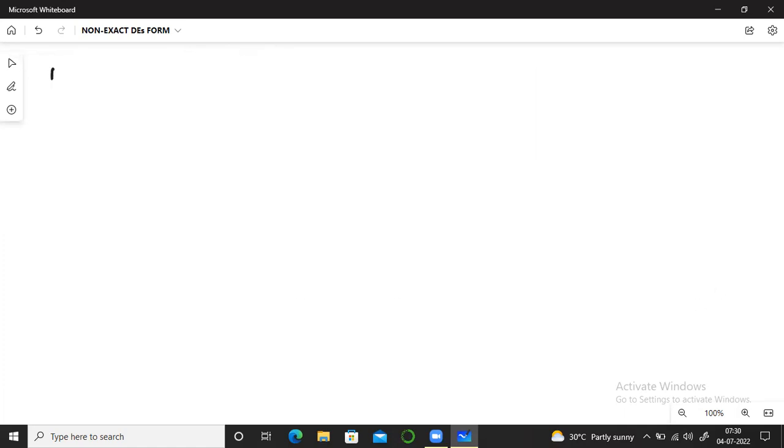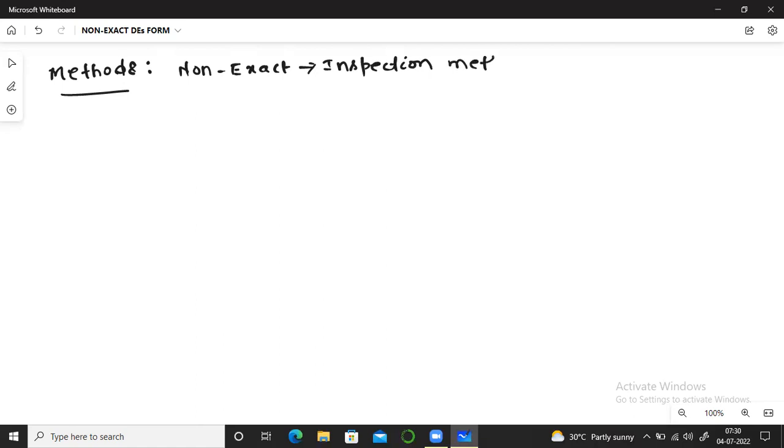We have given the name method 8 to the inspection method, which falls under the case where the given equation is non-exact. So what formulas are required?